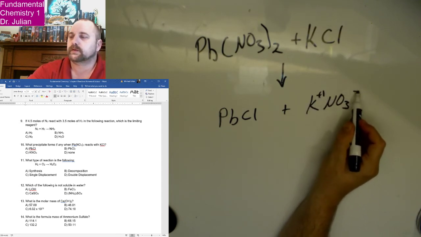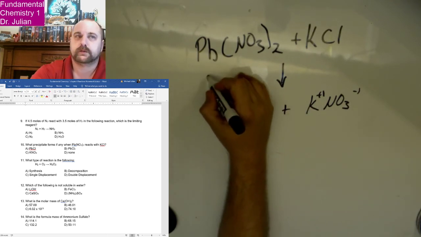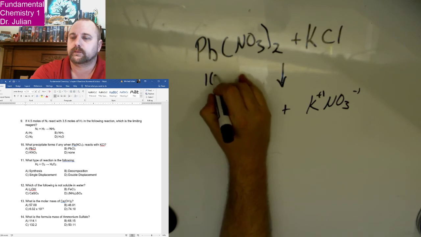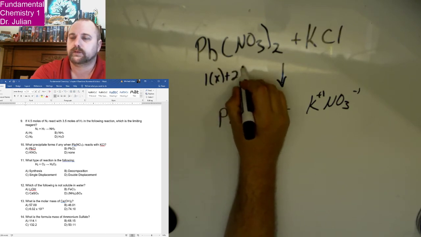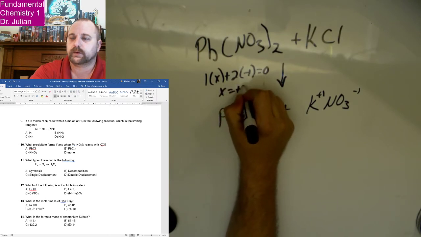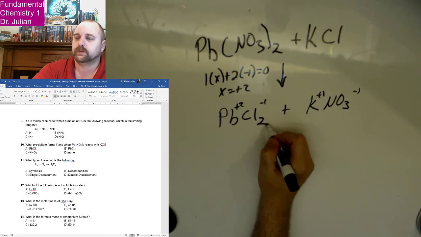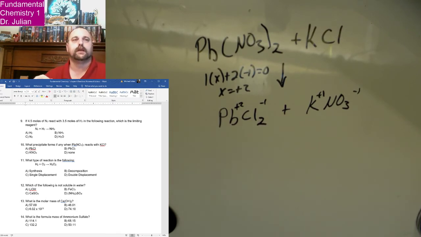This is a +1. That's a -1. That's fine. Pb is a, let's do my math here. 1 times x plus 2 times -1 equals 0. X equals +2. So this is a +2. This is a -1. So it's PbCl2.